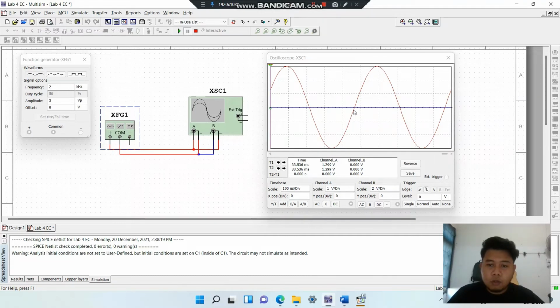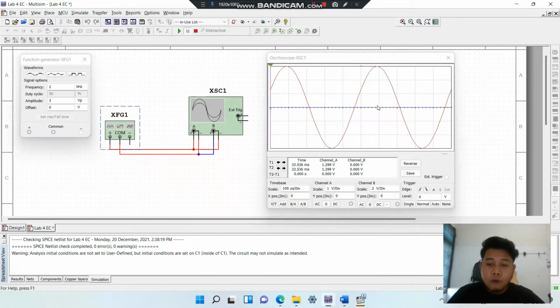The horizontal setting is for us to find the period, and the vertical setting is for us to find VP and also VPP. As you can see here, the vertical setting for channel A, this one is channel A, is 1 volt per division. So 1 box or 1 division is equal to 1 volt.